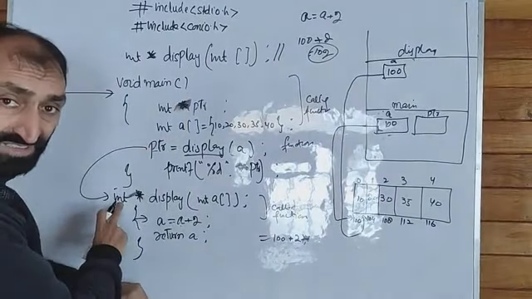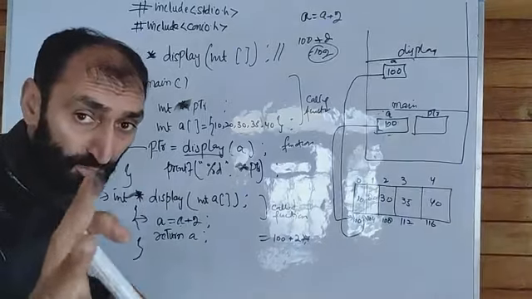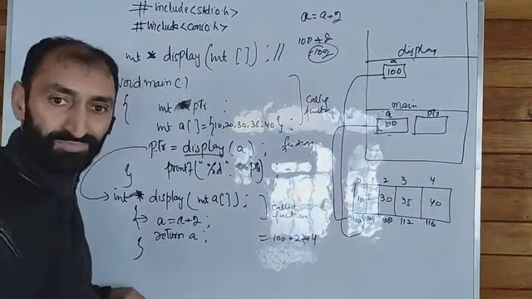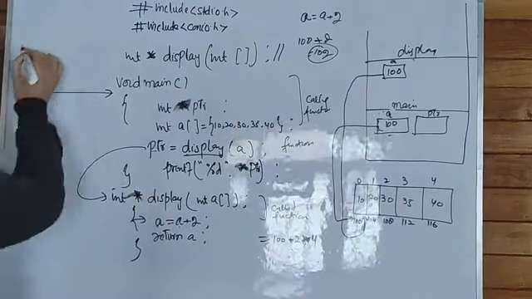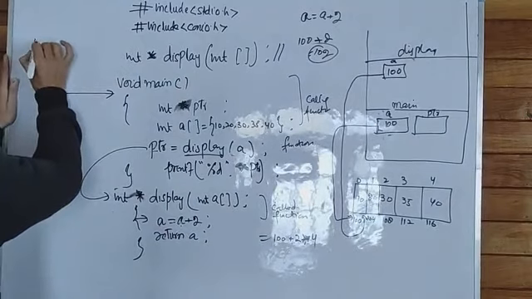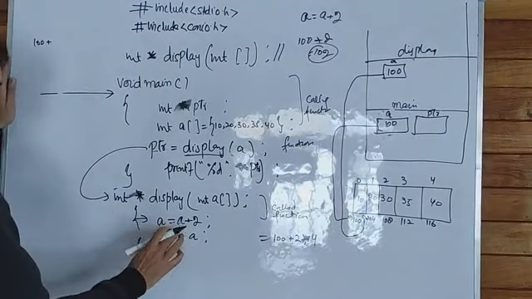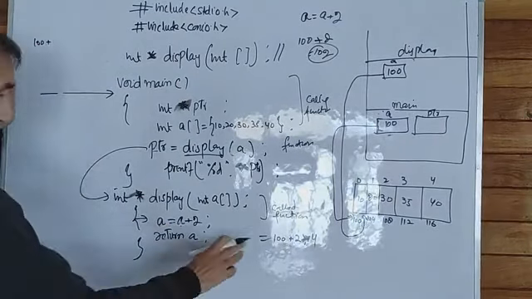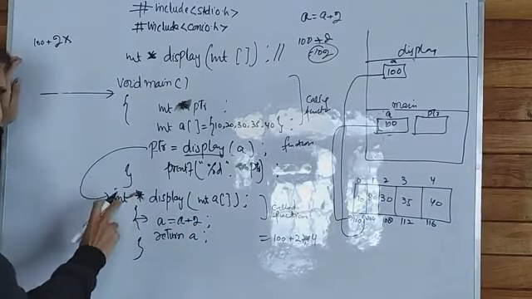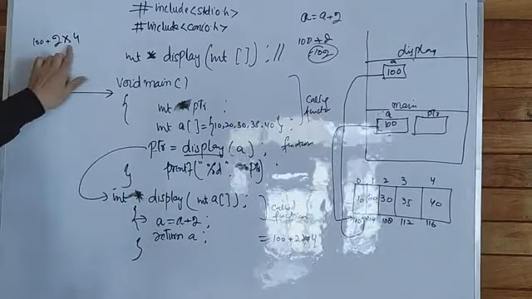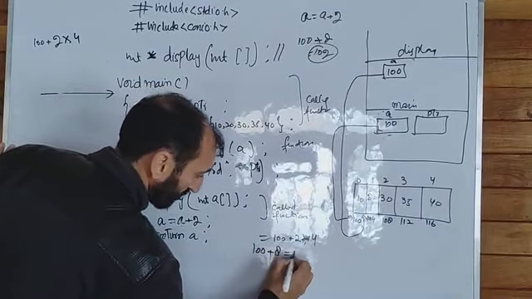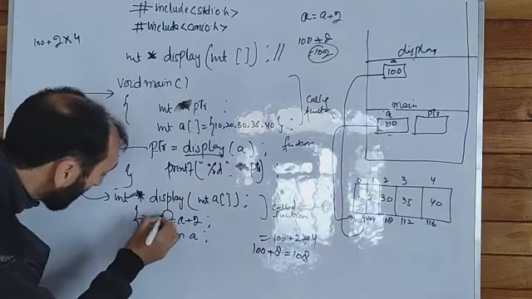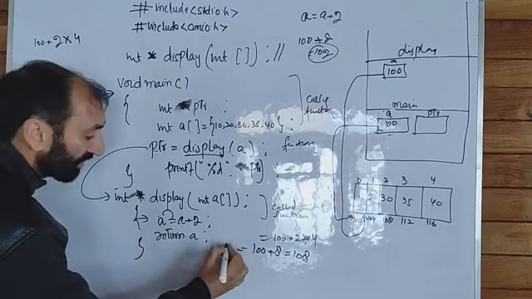The data type is int, and the size of int in memory is 4 bytes. So 2 into 4 is 8, and 100 plus 8 is 108. Now this A contains 108.